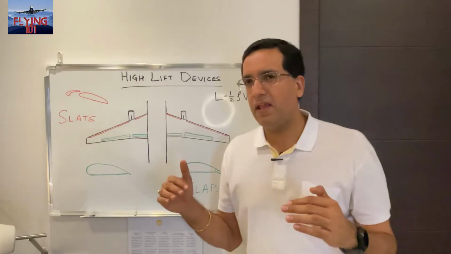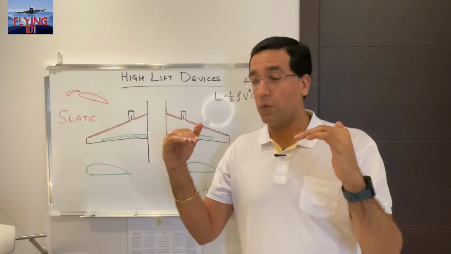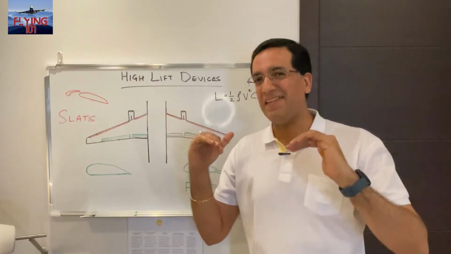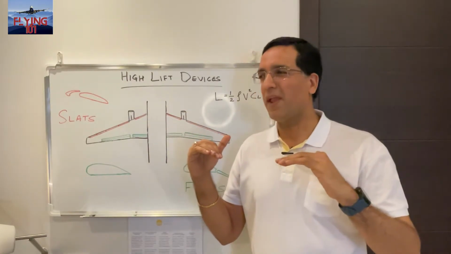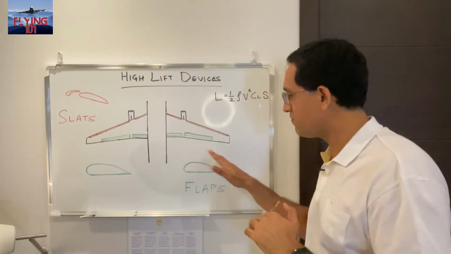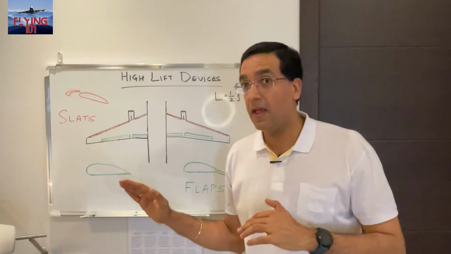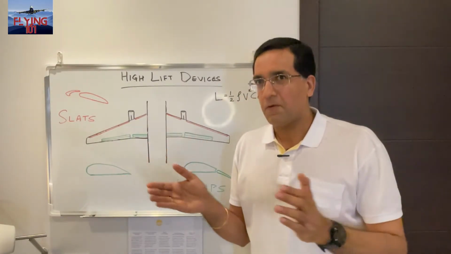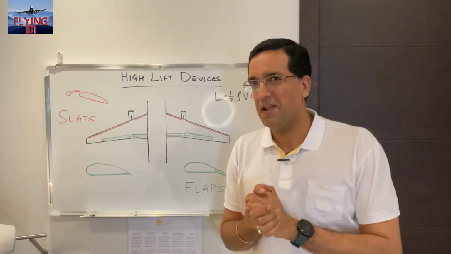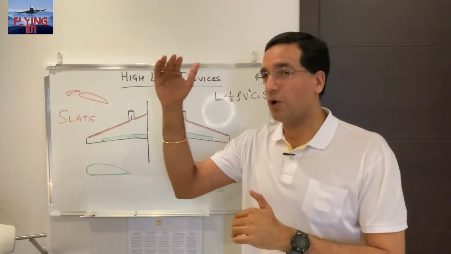So a flap basically is a hinged surface on the trailing edge of the wing, which when extended allows that wing over there to have a greater camber. So we're talking about the curvature on the top of the wing. If you recall from the video we did on lift, lift happens as a result of a pressure difference between the top and the bottom of the wing.